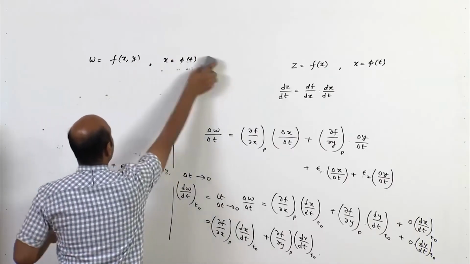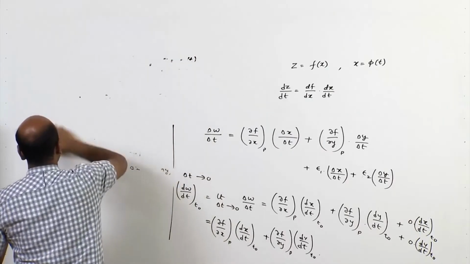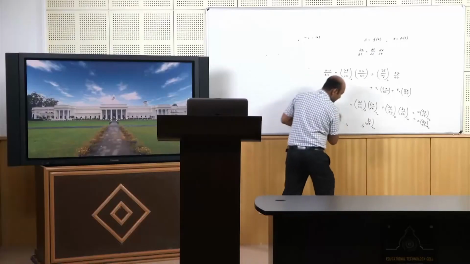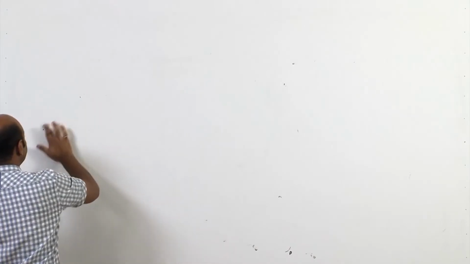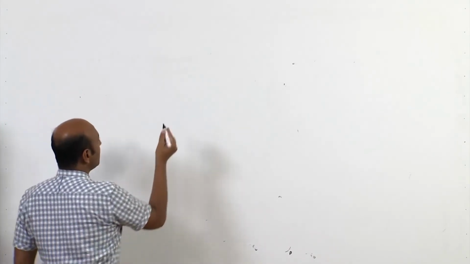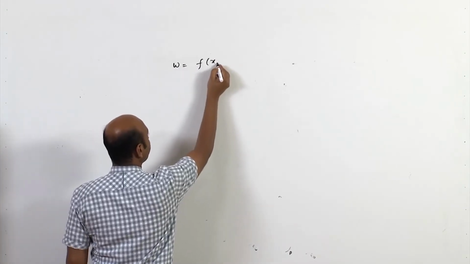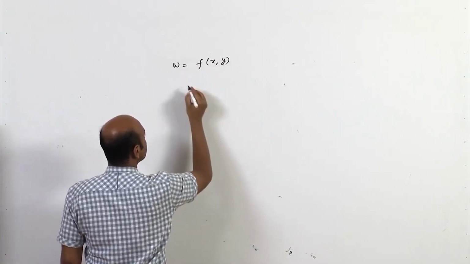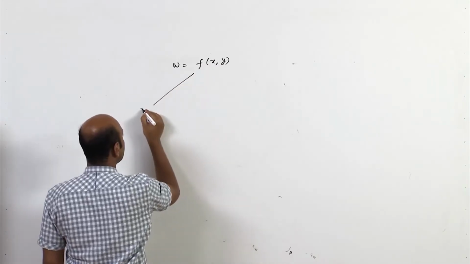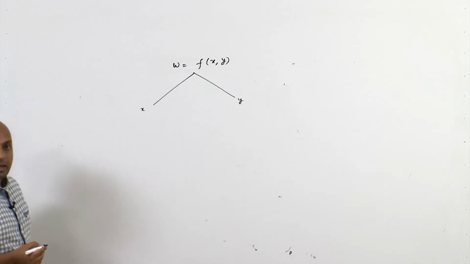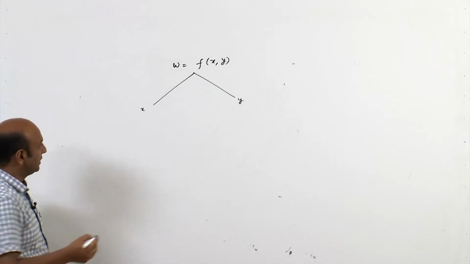Now, the easy way to remember the chain rule is by tree diagram. So, how can we obtain this? What is a tree diagram? Now, you see, w is a function of x and y. And x and y both are functions of t.